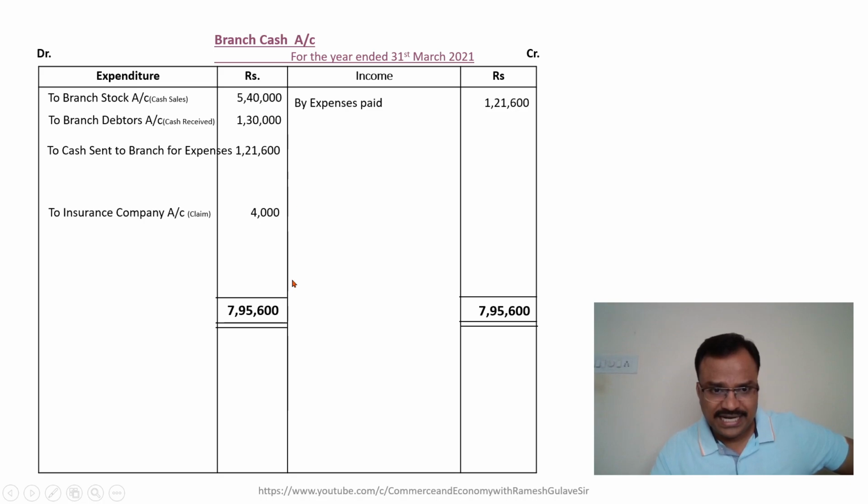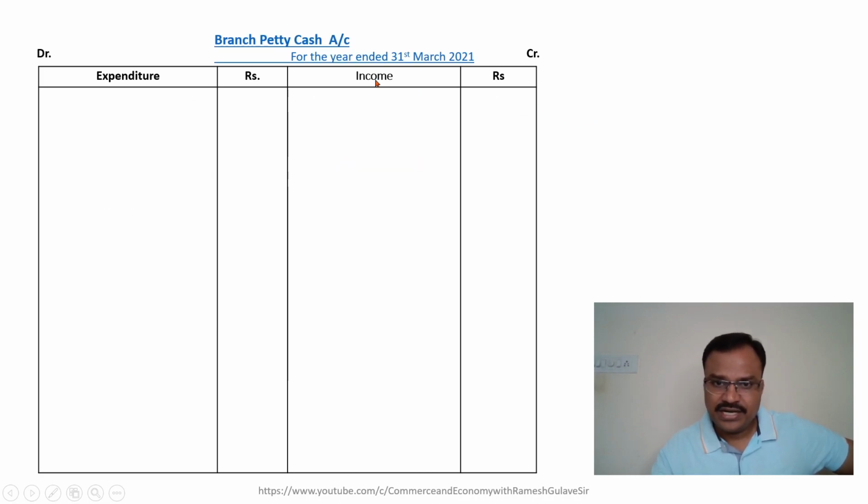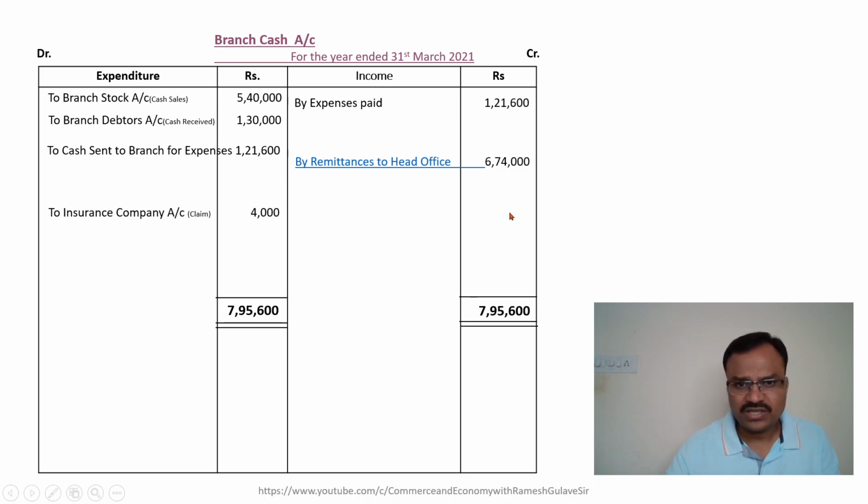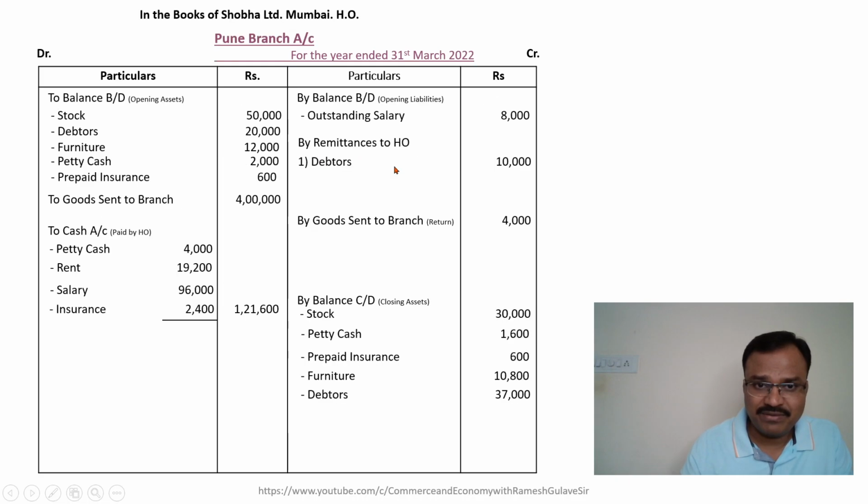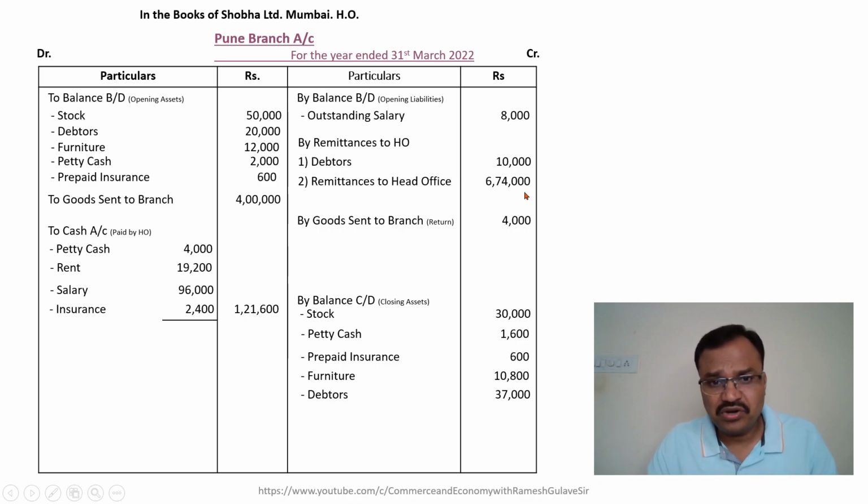So the total of the debit side is 7,95,600, and the total of credit is 1,21,600, and the difference between these two is 6,74,000, and this is the amount of cash which is remitted to the head office, or cash sent by the branch to the head office, and this needs to be recorded on the credit side of the branch account. So here remittances to head office, rupees 6,74,000, right?